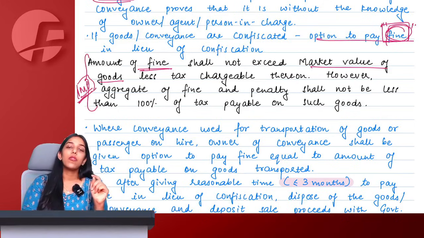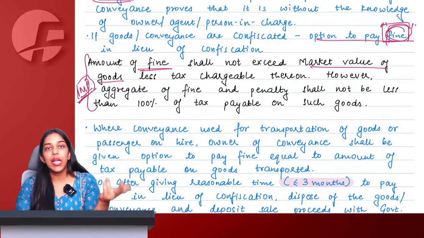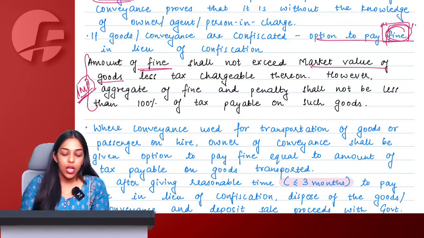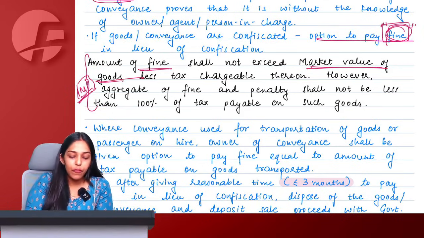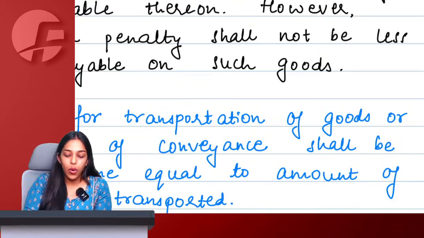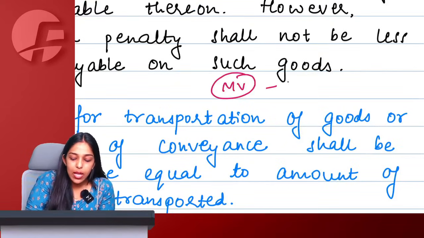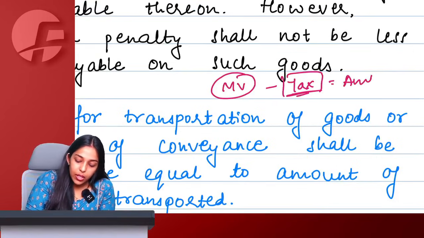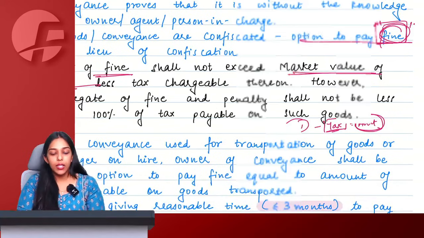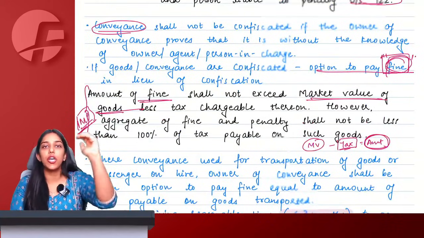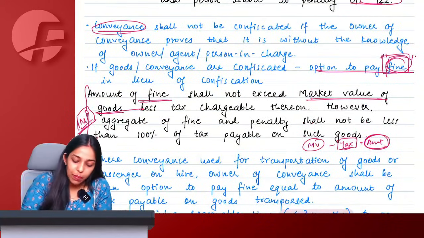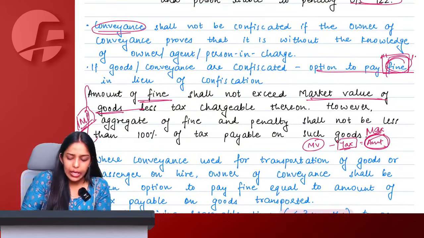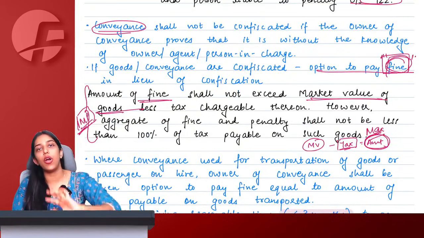They are saying whatever fine you want to levy in lieu of confiscation shall not exceed the market value of the goods minus tax. So what is the market value of these goods minus the tax that is already payable? Your fine should not exceed this amount. So this is the maximum fine. Less than this you can anytime levy in lieu of confiscation.